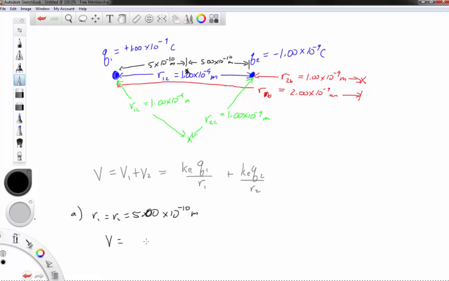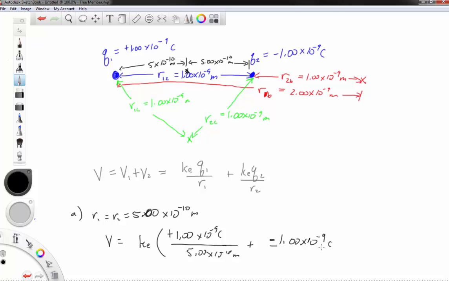So that means that V is going to be KE times Q1 was plus 1.00 times 10 to the minus 9 coulombs over 5 times 10 to the minus 10 meters, and then that's minus 1.00 times 10 to the minus 9 coulombs over 5.00 times 10 to the minus 10 meters.